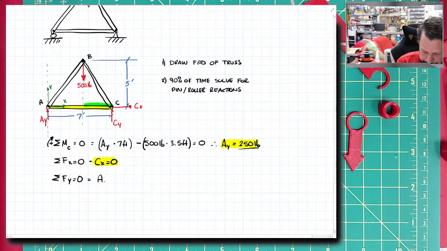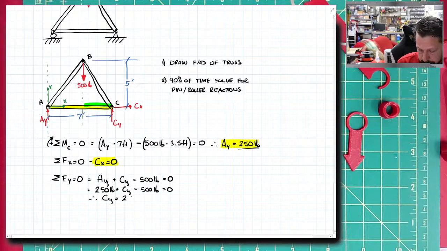AY plus CY minus 500 pounds equals 0. Then I plug in AY as positive 250. So 250 plus CY minus 500 pounds equals 0. Therefore, CY is also a positive 250 pounds.